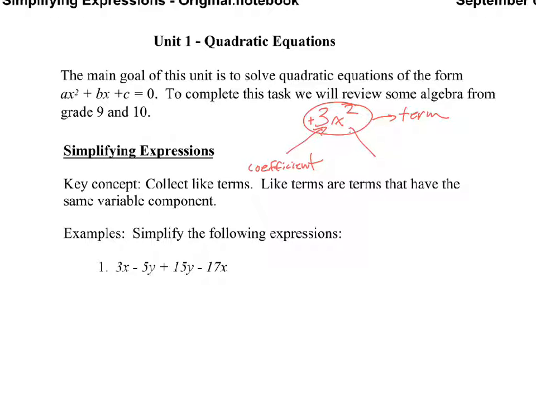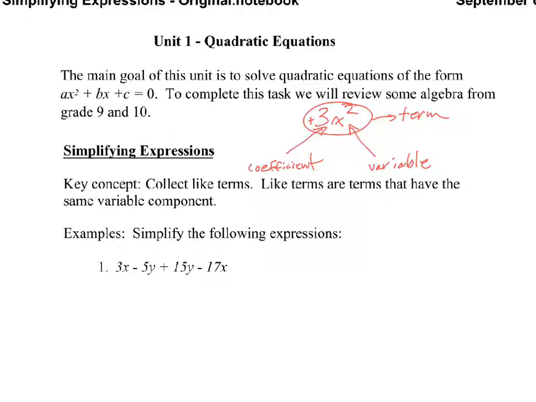And the x squared part is called a variable. Terms separate variables from other terms. If I have two x squared terms, I can add those two together. If I have two y terms, I can add or subtract those as well.